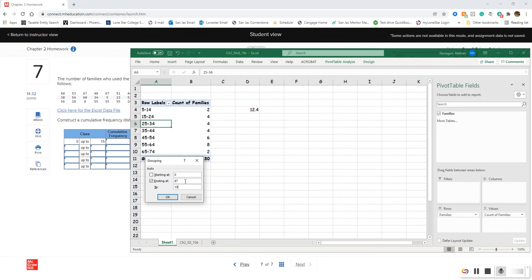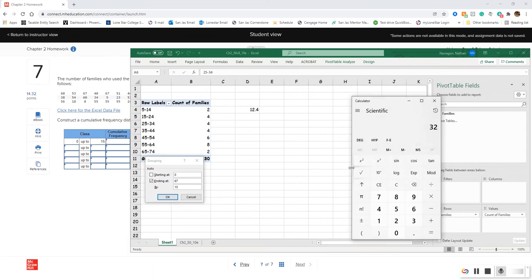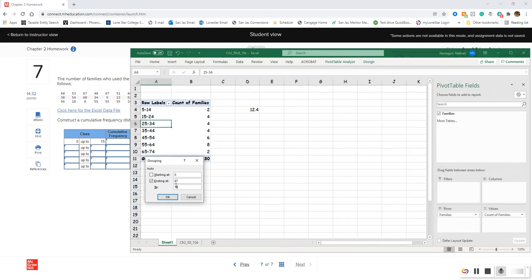So that would mean, basically using our calculator, 0 plus 15, that's 1 class, 2, 3, 4, 5. We should be looking at 75 as the top of the range.